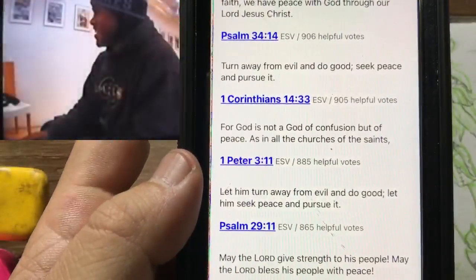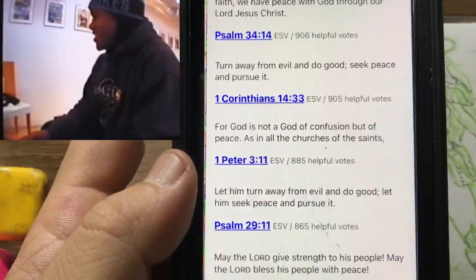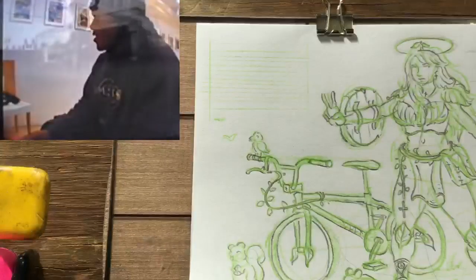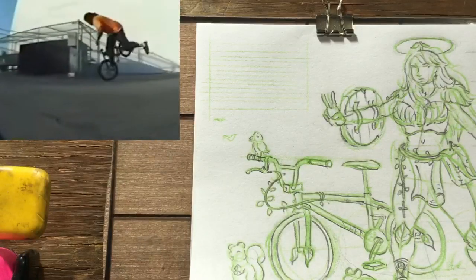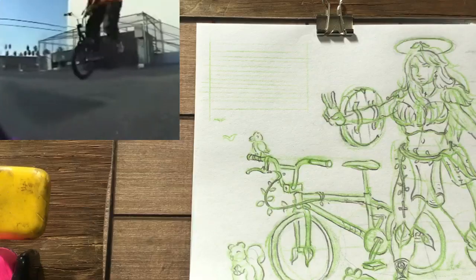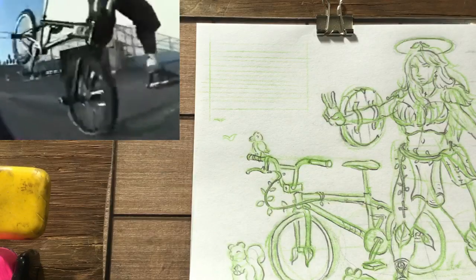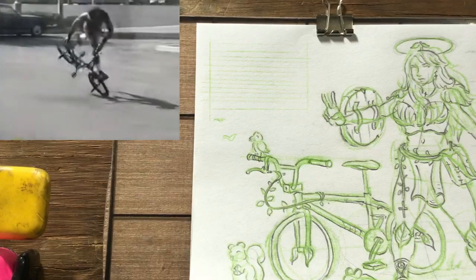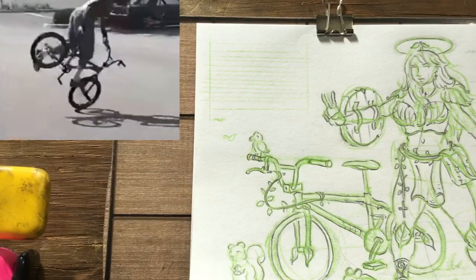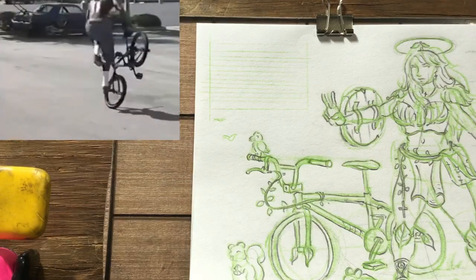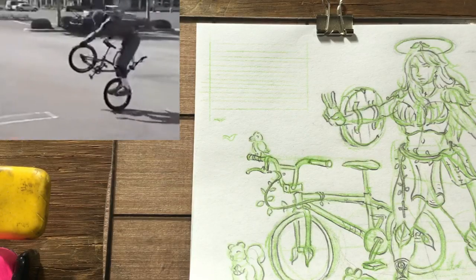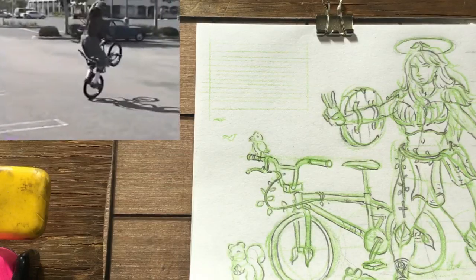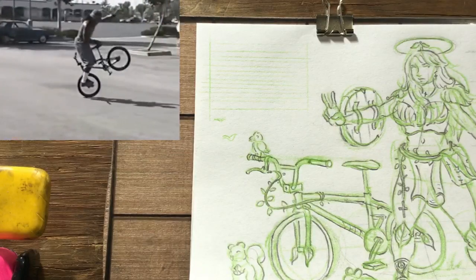That's pretty interesting right there. Wait, is this... Okay. Yeah, Psalms 34:14. And then I guess the boots of the gospel of peace.